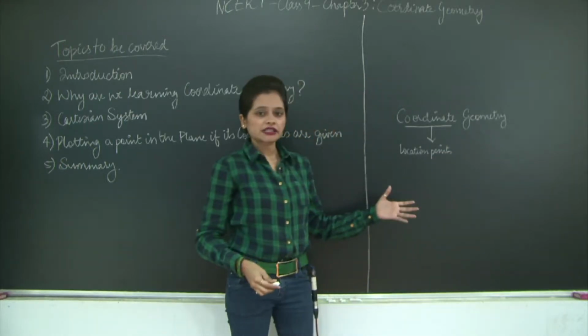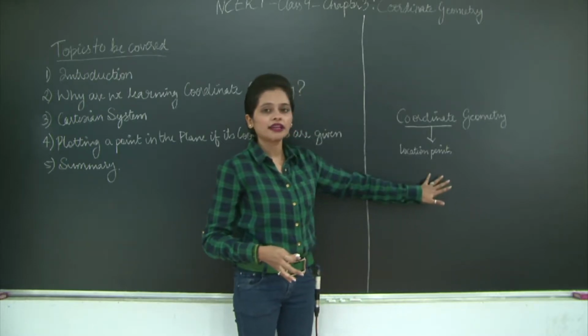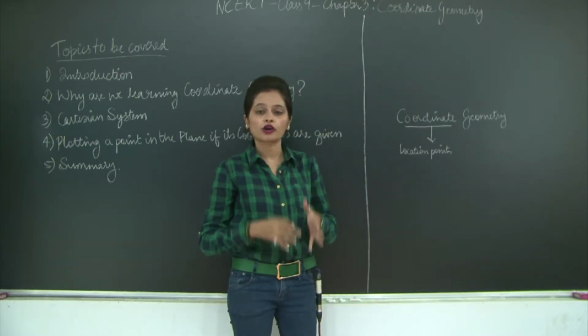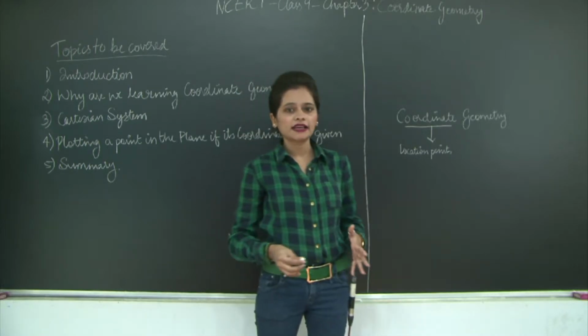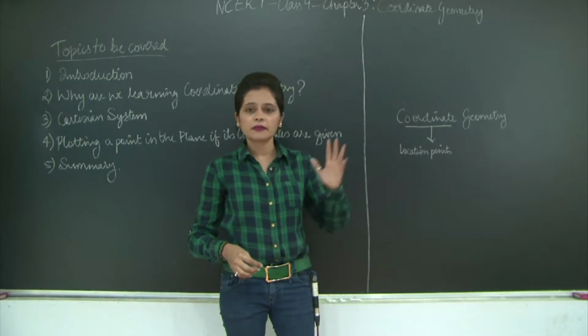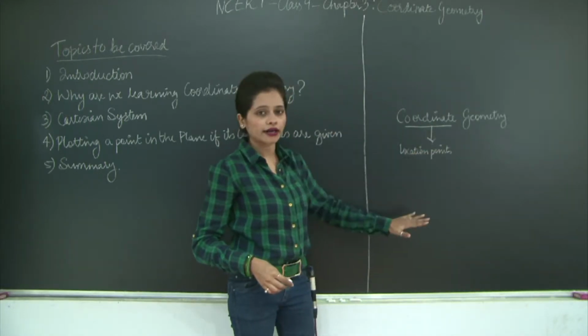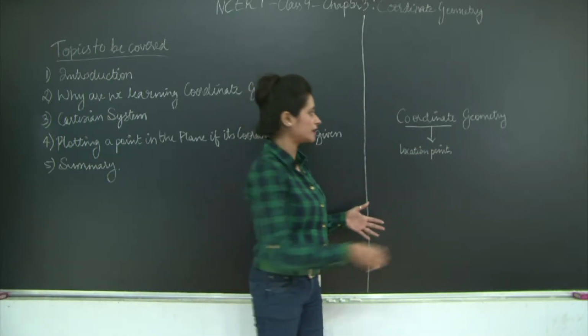Location points means nothing but there will be certain points that will help you find the location of a particular point or a particular element or a particular place, or it could be anything with reference to some place or some angle or some edge. Okay, so location points means coordinate, or coordinate means location points.